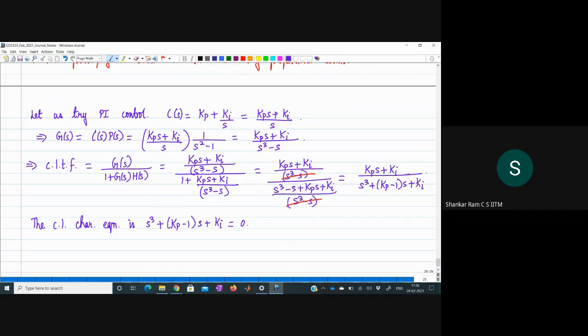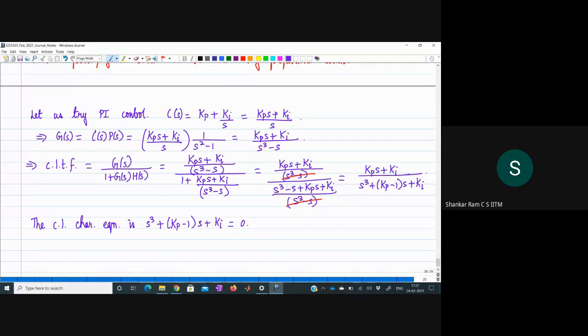The closed loop characteristic polynomial is of order 3, and the closed loop characteristic equation is a third order polynomial equation. That's something we can readily observe. Now, what do we do? That's the question we need to ask ourselves. We have come this far. Now we need to figure out what we can do in this case. In the previous case, at least we had a quadratic equation. We could solve for the roots, and then we could argue, and it was only one parameter.